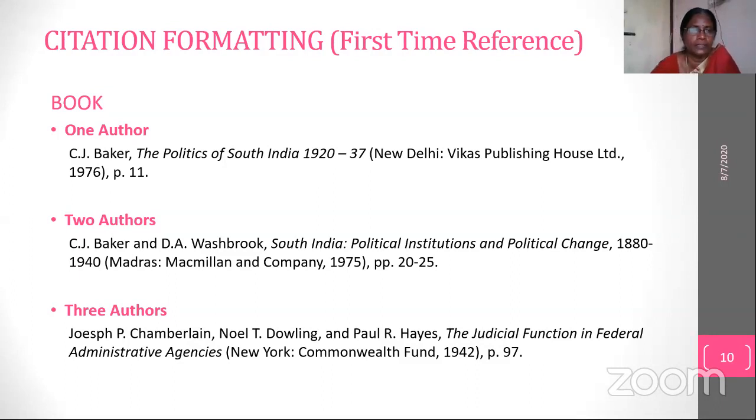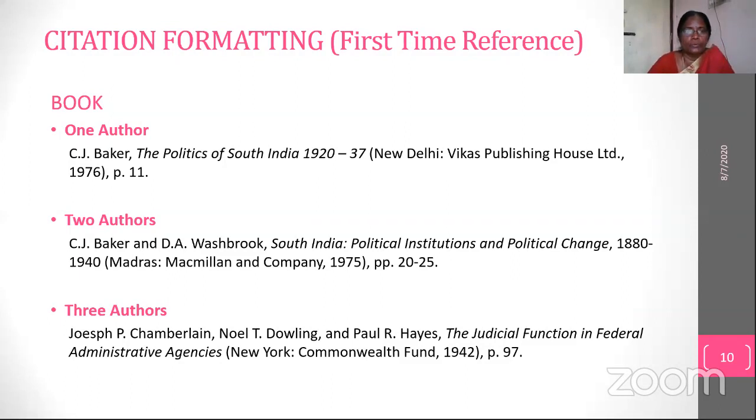Suppose it is a book written by two authors, C.J. Baker and, not the symbol, A-N-D, and D.A. Washbrook, the title of the book, South India, colon, Political Institution and Political Change, and then a period, and then we put all the details, Madras, Macmillan and Company, and then a comma, the closing bracket, and the pp, etc. And then three authors, the same formula.